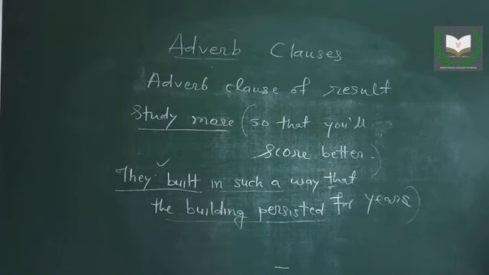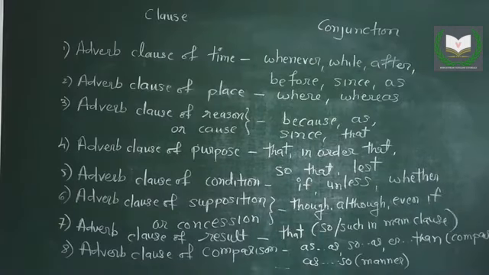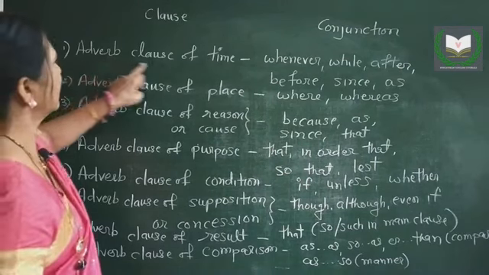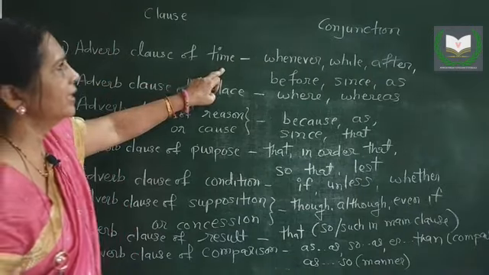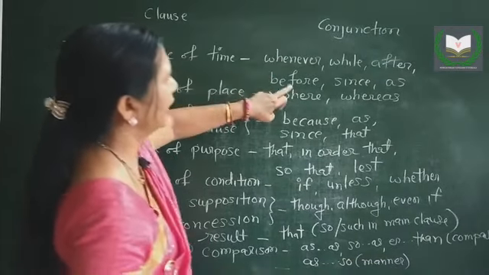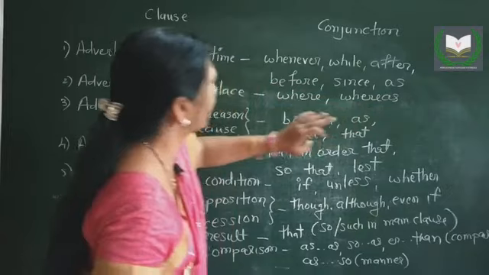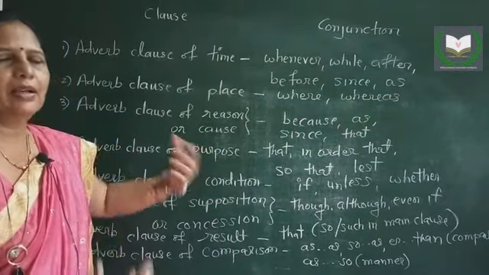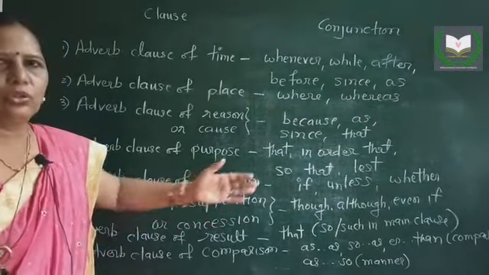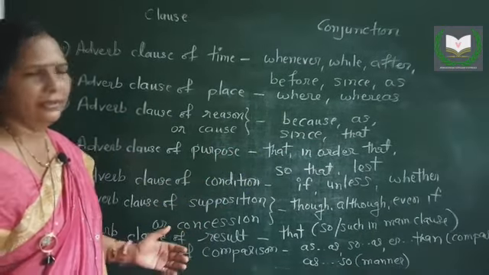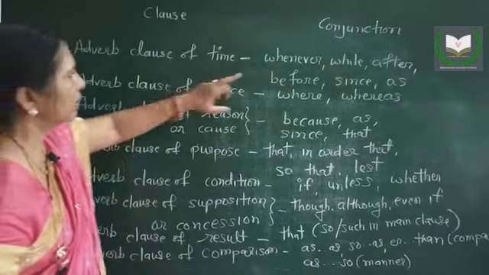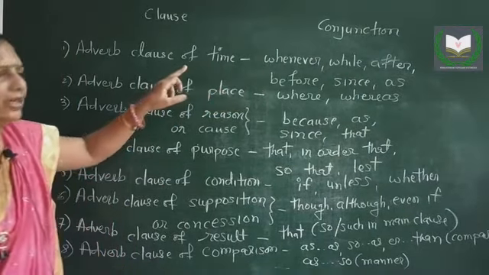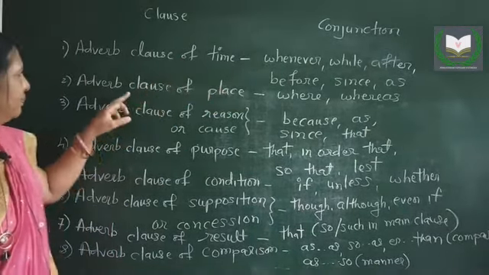A little more information. Look here, students. Here you are having in short a review of what we have learned up till now. This is the first adverb clause of time, where the conjunctions are whenever, while, after, before, since, as. For giving examples, and so that this video should not be too big, I have curtailed some, but by using these you can have examples of adverb clause of time.